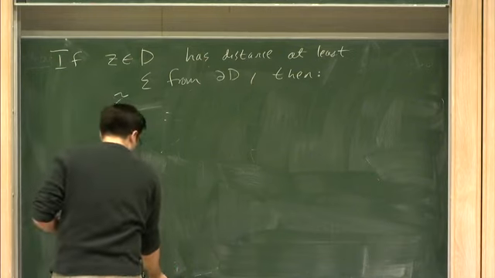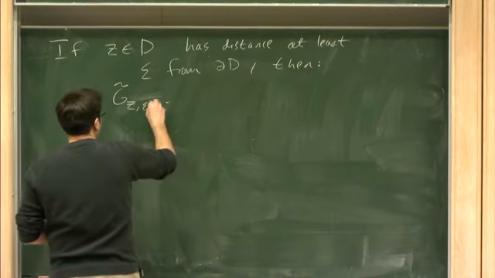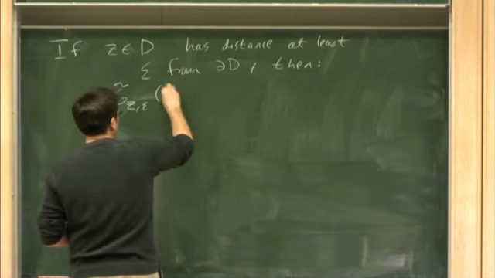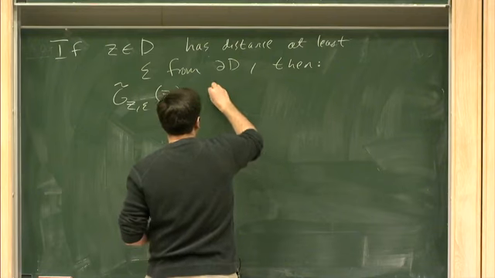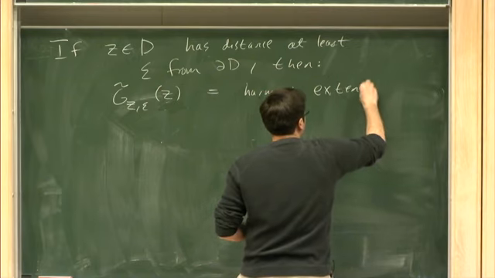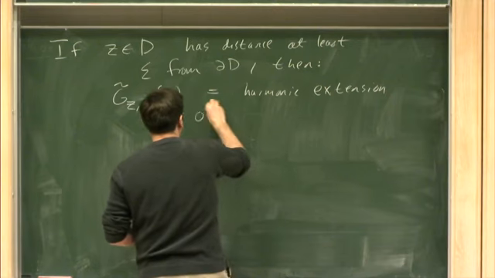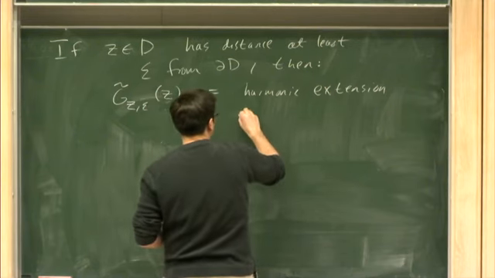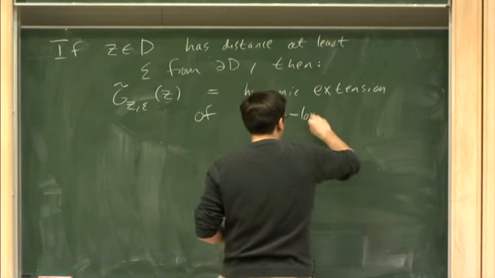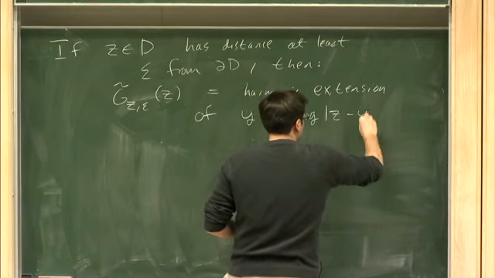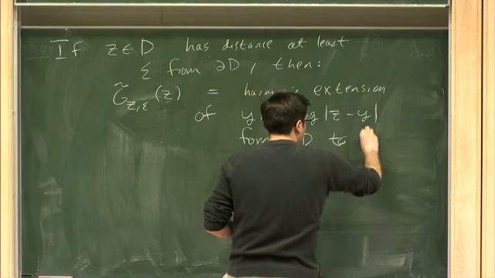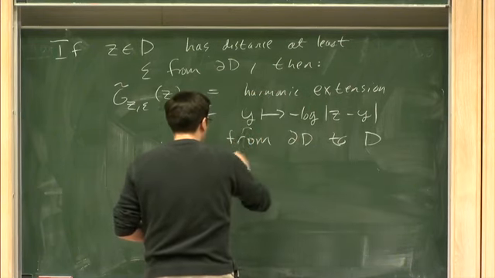So g tilde sub z comma epsilon at z is going to be equal to the harmonic extension of the map y goes to minus the log of just the distance between z and y, from the boundary of the domain to the interior, evaluated at z.